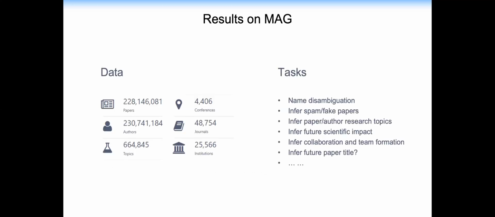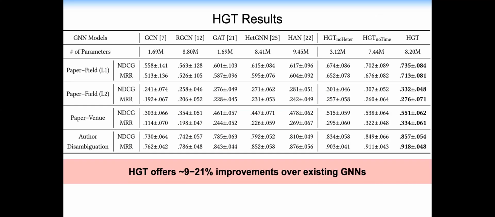Okay, and let's get back to all the tasks we are interested in, like name disambiguation and paper topic inference, over the hundreds-of-millions-scale academic knowledge graph. We are not going to dive into the details of the results.